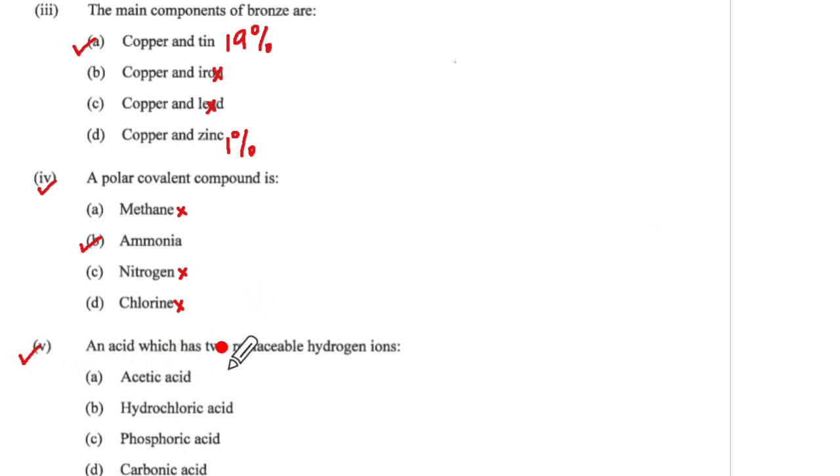The acid which has two replaceable hydrogen ions is not acetic acid because it has only one replaceable H ion. Hydrochloric acid also has one replaceable hydrogen ion. Phosphoric has three replaceable hydrogen ions. Carbonic acid has two because our formula is H2CO3.